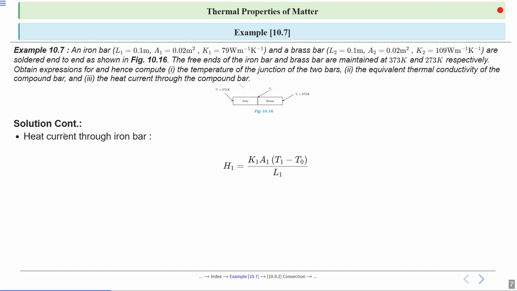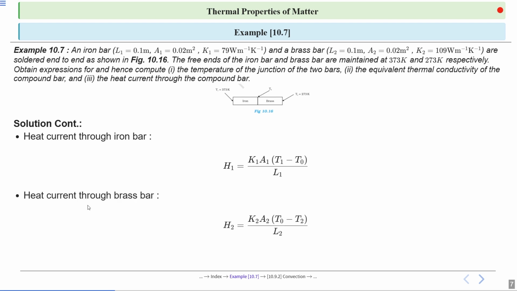First we have to find out the expression for temperature of the junction of the two bars. So we know heat current through the iron bar. The formula is H1 is equal to K1 A1 (T1 minus T0) divided by L1. Here we assume H1 because we talk about the first bar, iron bar.